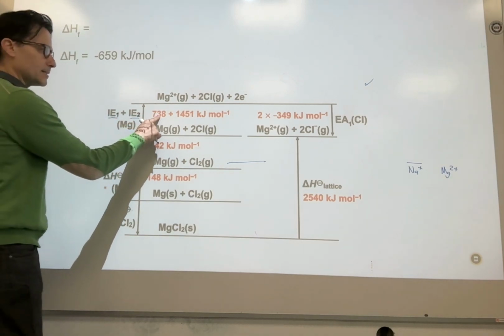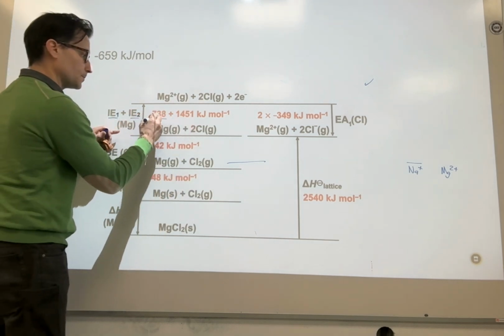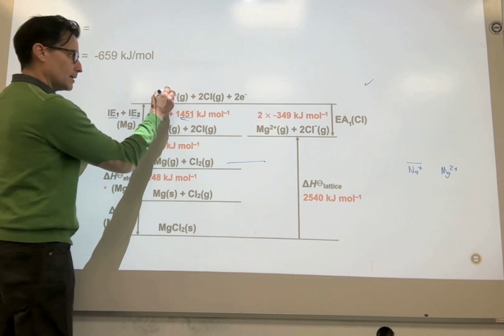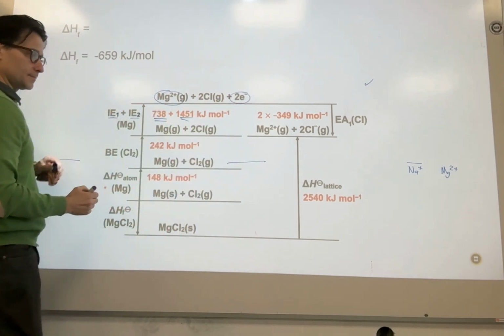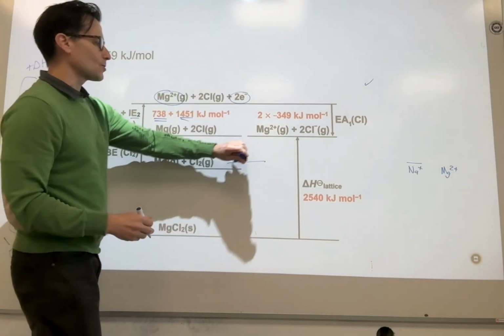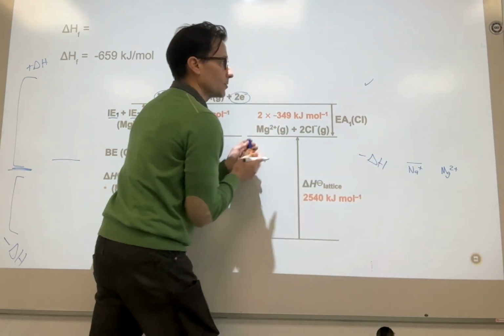We had to turn magnesium into magnesium +1, then turn it into magnesium +2. It's 2 different energies. Okay? So they put them together into one, and now we have magnesium 2+ and the 2 electrons that it lost. So that's that step. From that point forward, it becomes exothermic, and energy is released. Exothermic.